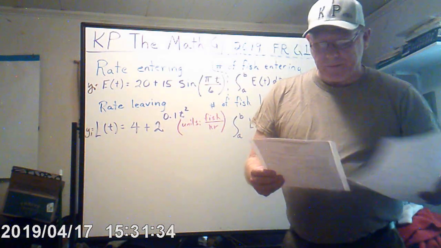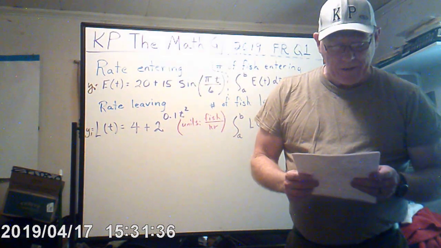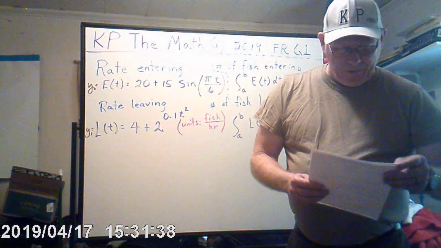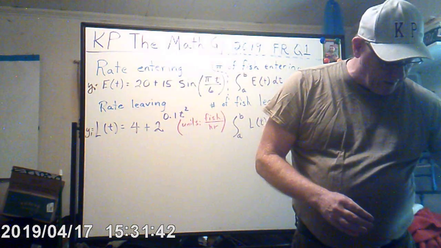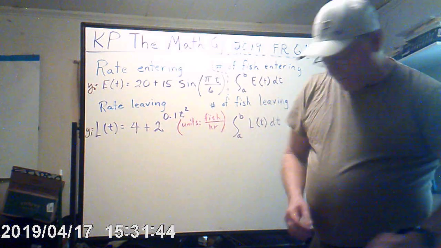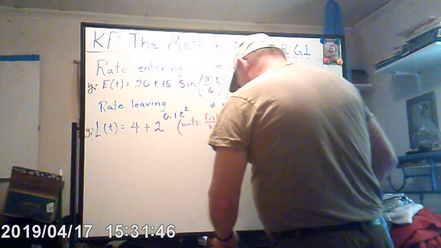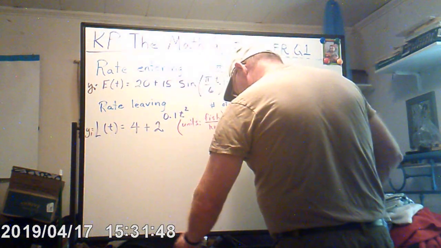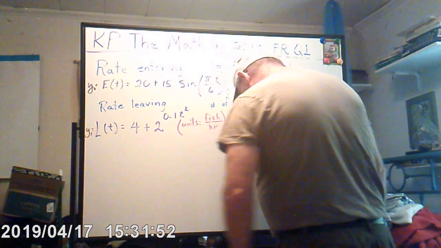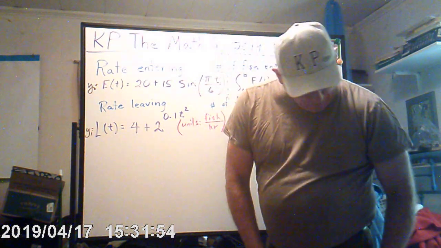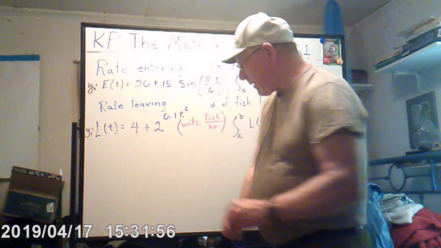Now we get the average number of fish that leave the lake from midnight to 5. Okay. So we want to find the average. Let's see if I can find something. I always lay stuff down. Yeah, right here.